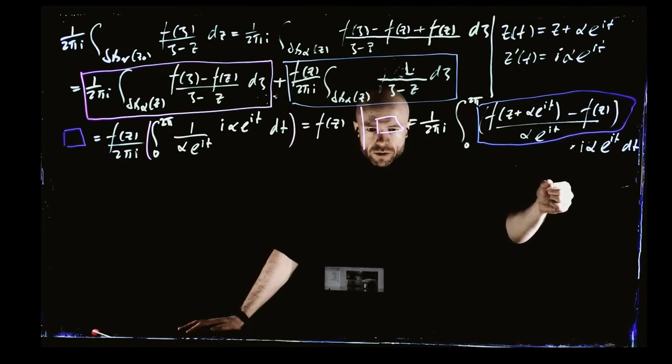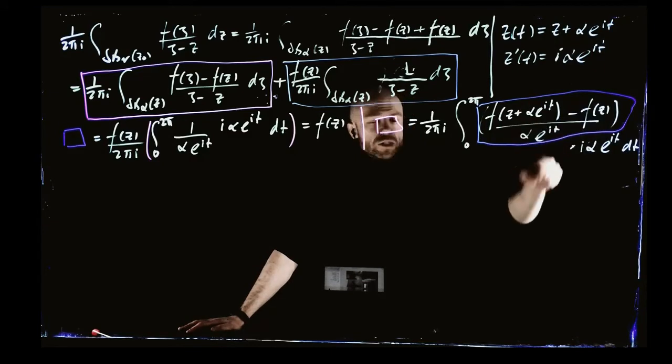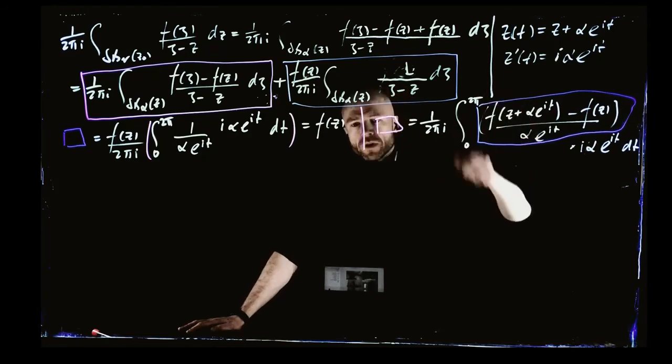Are you with me, everybody? Give me a thumbs up if you're with me. All right, cool. So this thing, for small enough alpha, is bounded explicitly by something we know, twice the absolute value of f prime of z.